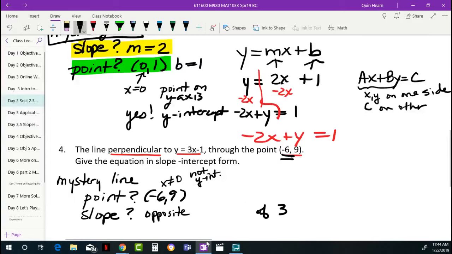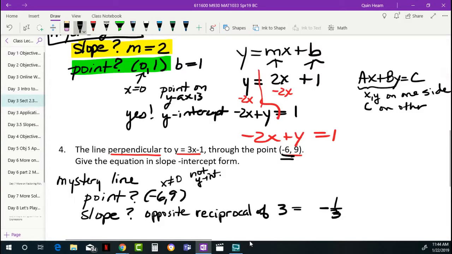Let me rewrite it. Opposite reciprocal of 3. All right, so what does opposite reciprocal mean? It means you take the opposite sign and you take 1 over that number. So the slope that we're looking for is negative 1/3.